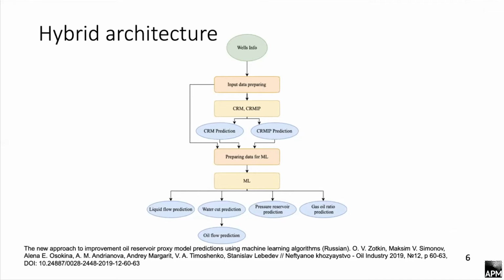hybrid approach. Firstly, the coefficients of CRM models are computed. After that, we make an initial forecast of liquid flow. Based on this forecast and some other source data, we can use any data we want. We can use geological data. We can not use it.